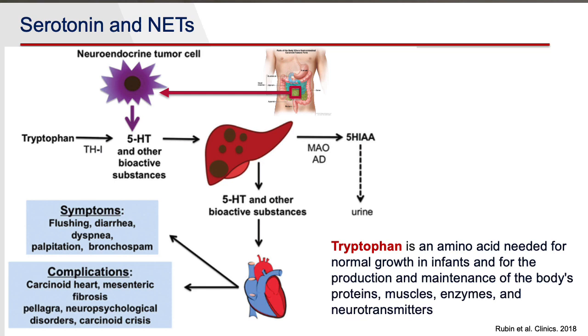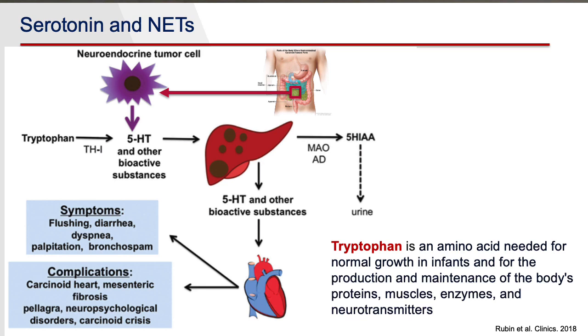Then it goes into the liver, and when it's in the liver, that's when it's metabolized, and it's an active peptide. Then again it is measured via 5-HIAA in the urine. But this excess of serotonin can cause a series of complications, not only the symptoms related to carcinoid syndrome, as we know, like flushing, diarrhea, wheezing, agitation, and so forth.